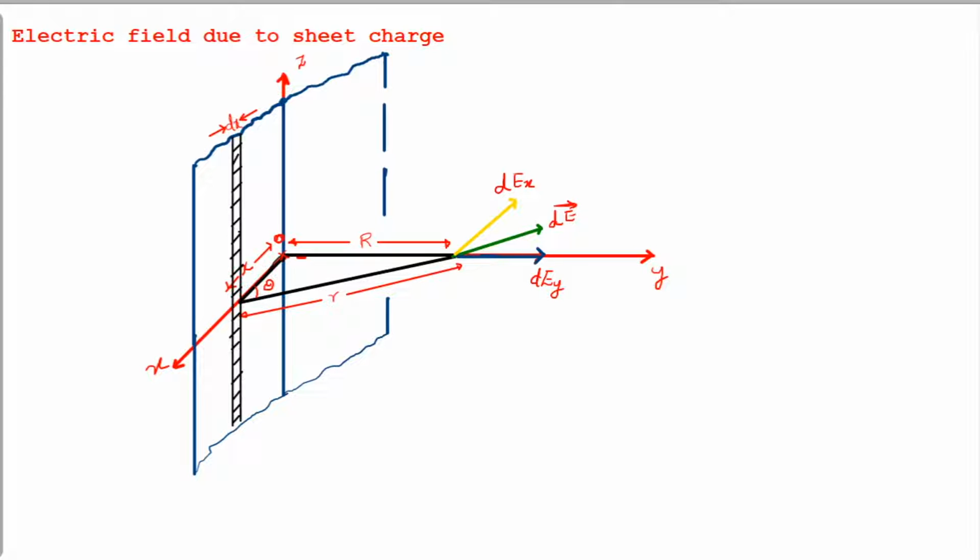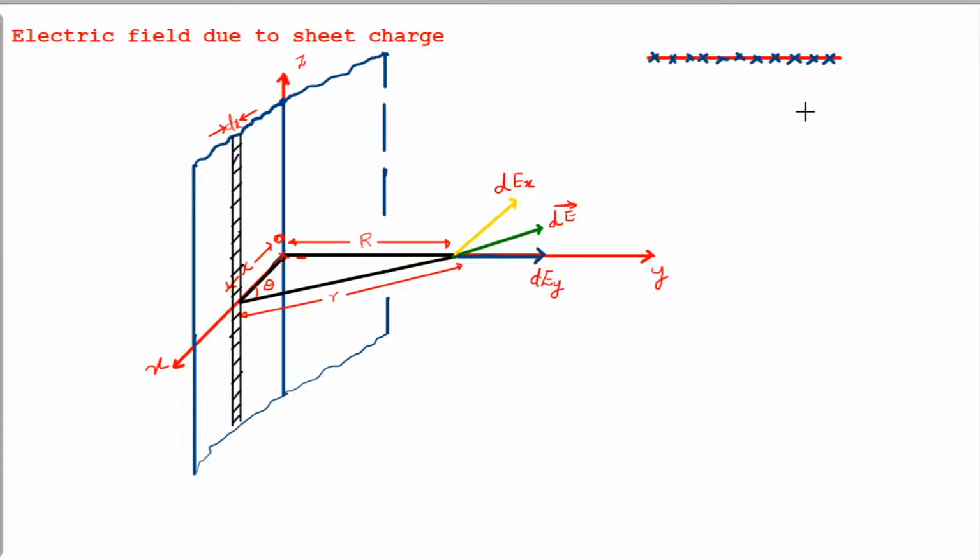Is it not? If you have a line, that line charge is constituted of so many point charges, right? So many point charges aligned will give you a line charge.